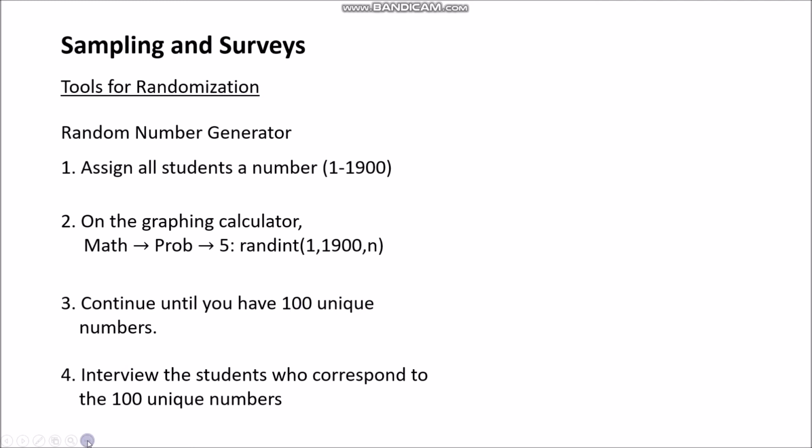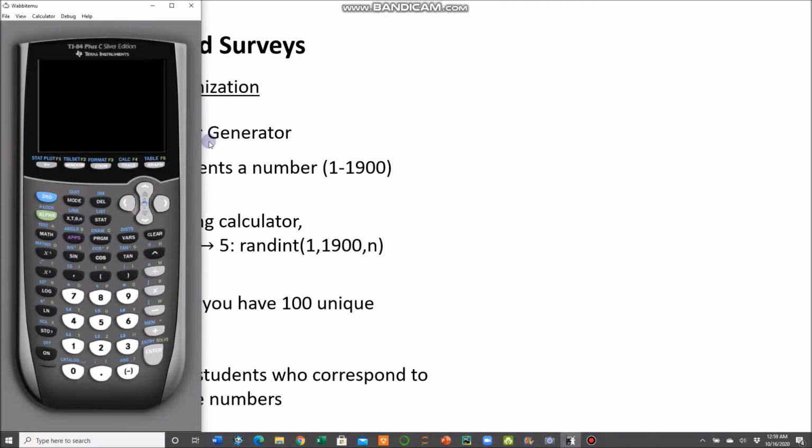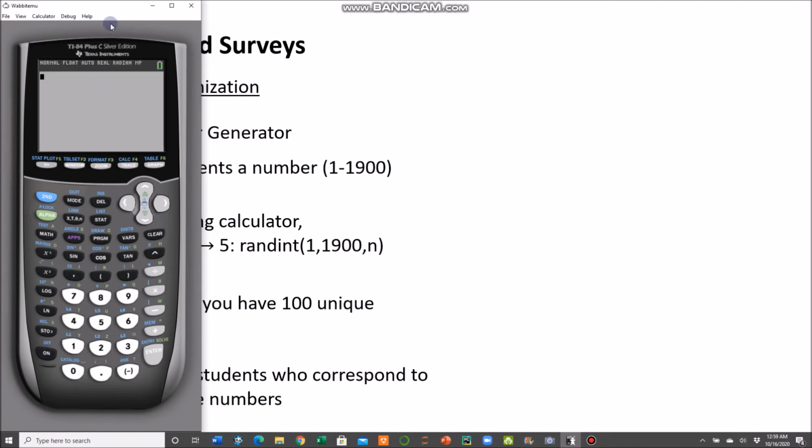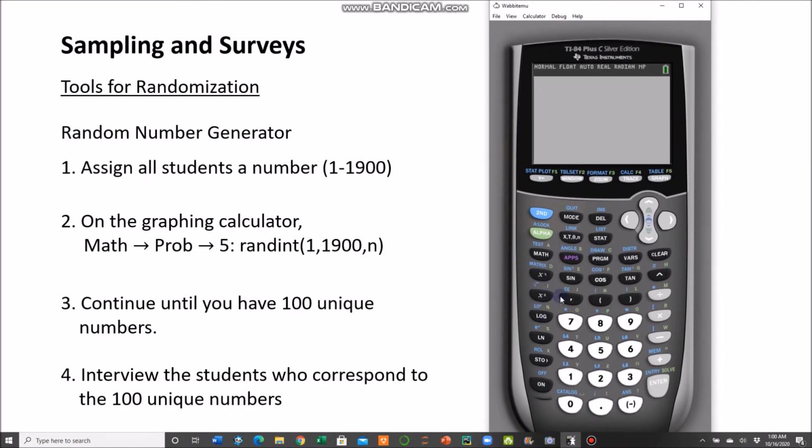So let's go through and actually look at that calculator function. Let's pull up our graphing calculator here. We can see the math button over here on the left, probability menu, and there it is, option 5, random integer, which is what we want. We want random integers between 1 and 1900.